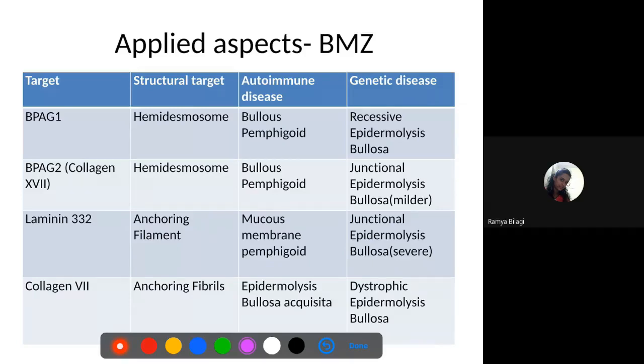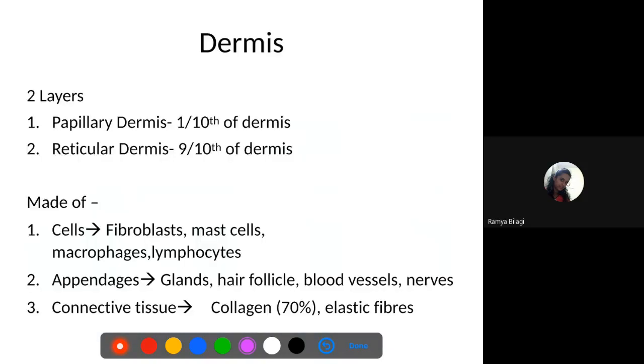The next layer is dermis, the second layer. It has two parts, papillary dermis and reticular dermis. The papillary dermis constitutes only 1/10 of the dermis, and the reticular dermis constitutes 9/10 of the dermis, that is the maximum part. So what is dermis made of?